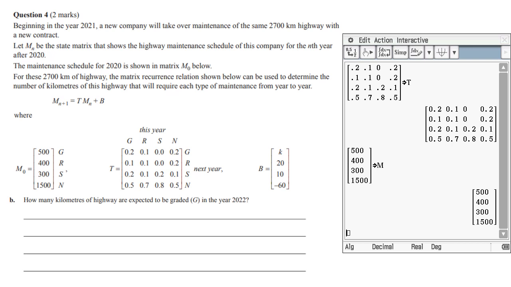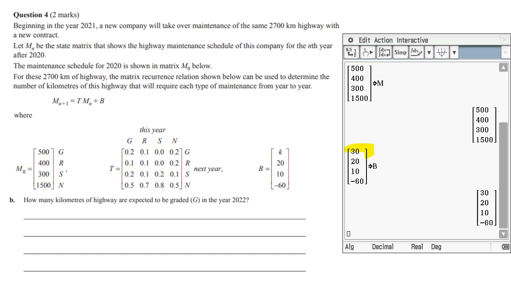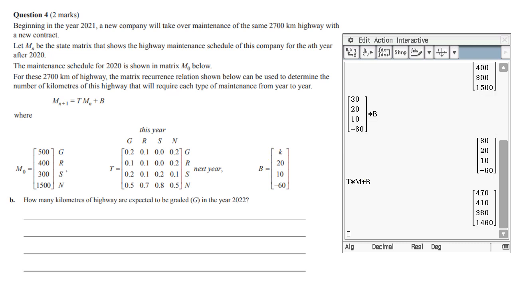So my T is put into the calculator. My M0 is put into my calculator. I've put in my B, noting I don't put in K, I've got to put in 30. Okay. So this is T times M2020 plus B equals M2021, which gives me this.